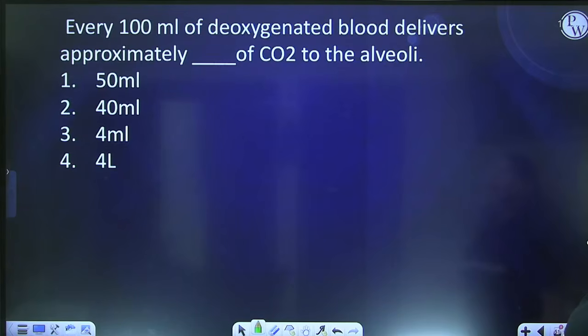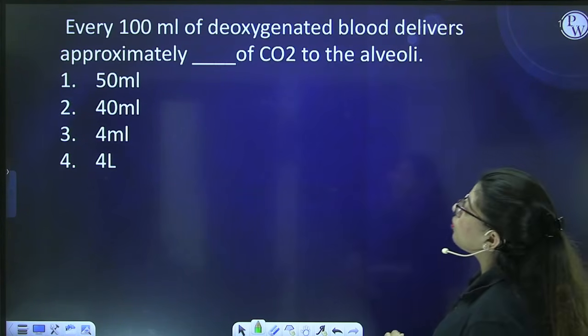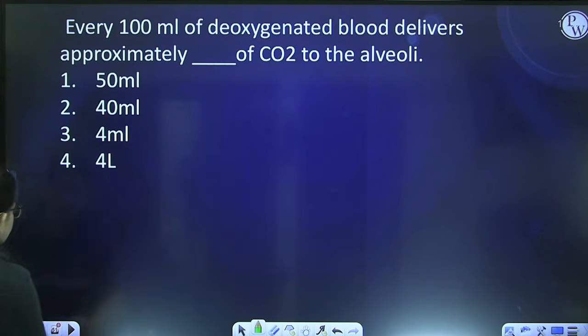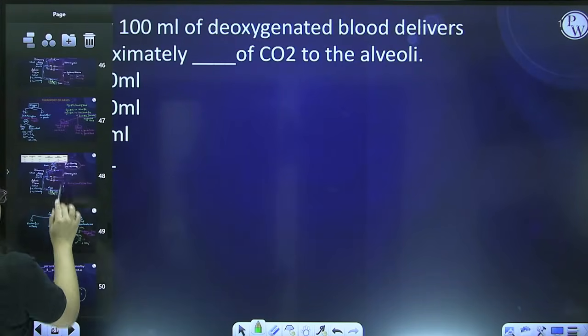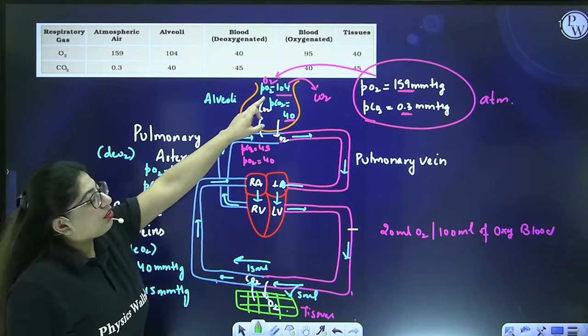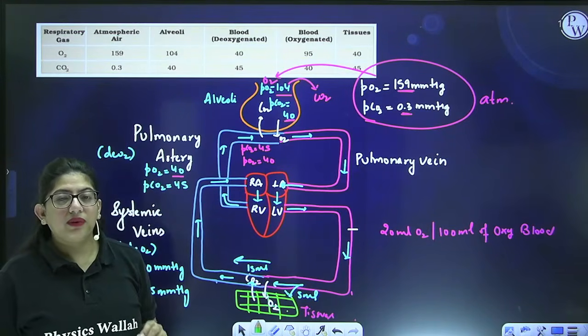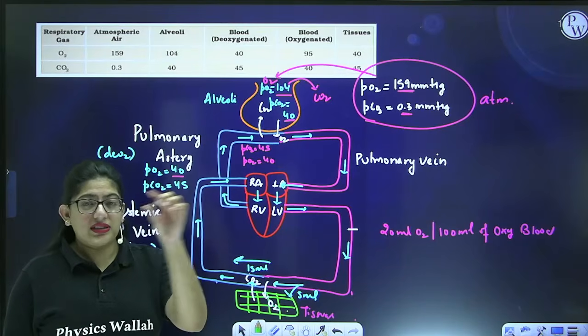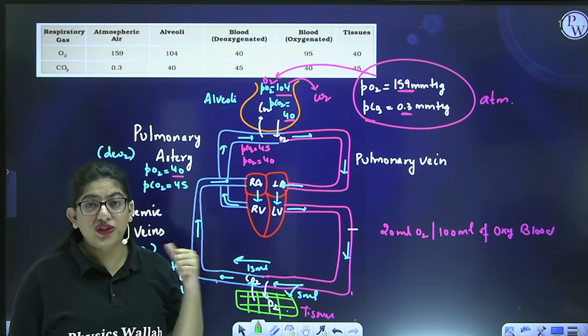Every 100 ml of deoxygenated blood delivers approximately dash ml of CO2 to the alveoli. So if we talk about how many ml of CO2 is transported by the pulmonary artery to the alveoli per 100 ml of blood, listen, understand this thing. This is a line of NCERT, that's why I made a question out of it.